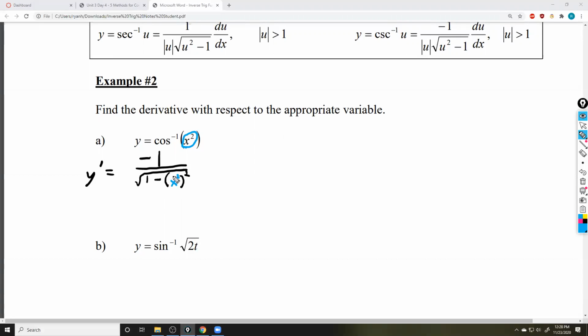But because there's something inside of that cosine inverse, that means we need the chain rule. Multiply by our derivative of the inside part. Derivative of x squared is 2x.